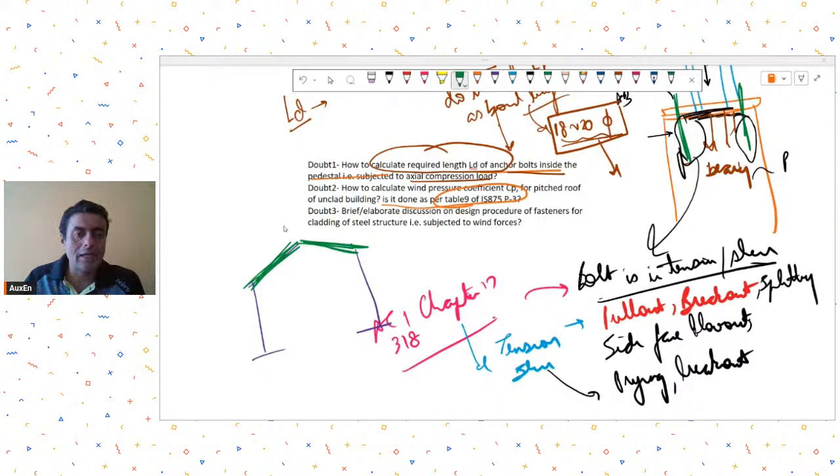If it's an unclad building, an open structure, unclad from the sides, I think table 5 and table 6 you may not be able to use, because table 5 and table 6 of IS 875 part 3, 2015, are valid for clad buildings, as I remember.